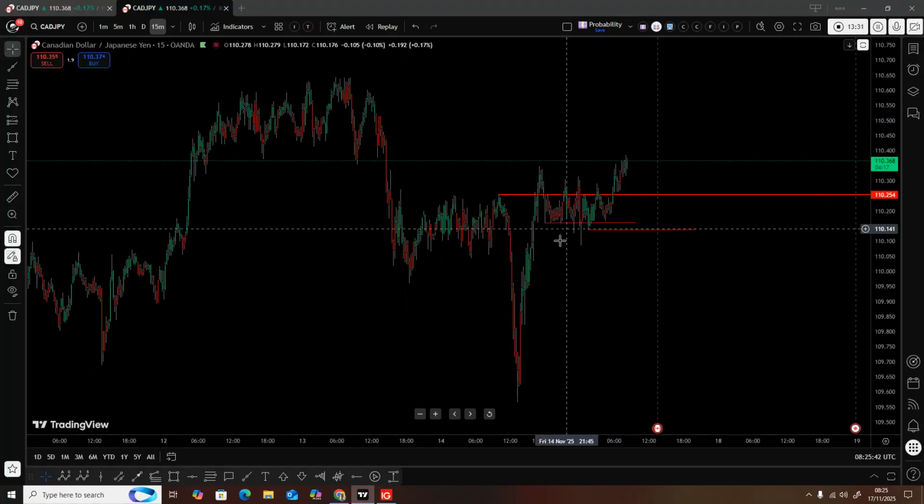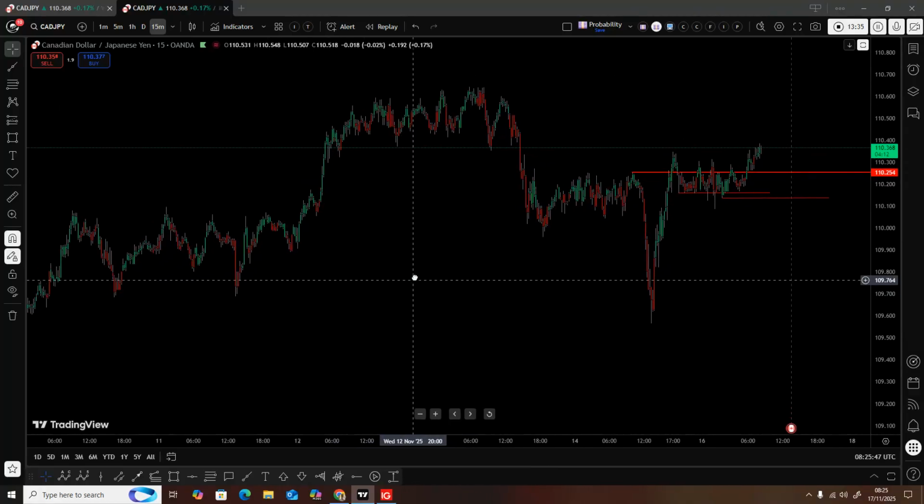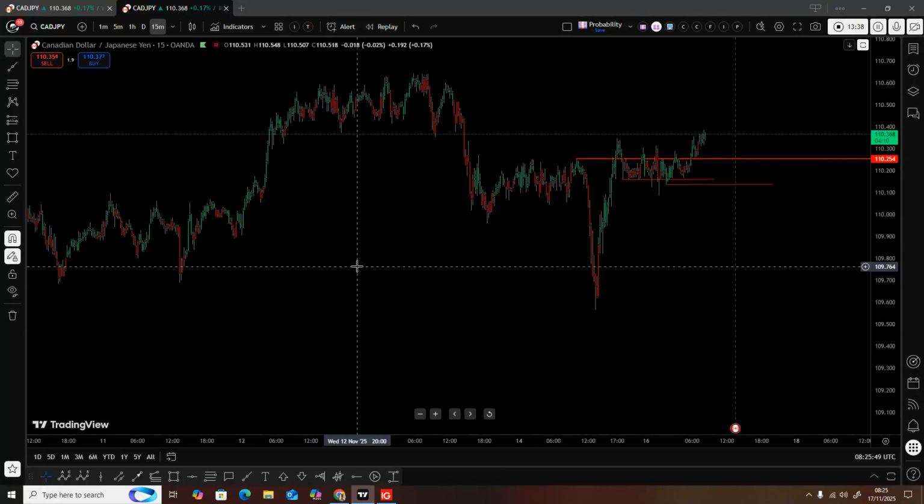Also, one thing we have to think about is that in order for sellers to sell, they need buyers to take the other side of their market, so it works both ways. I can't explain everything now, but we have to think about it from a bigger picture of what is going on. For me, the safer trades, as I've explained, I will go short on the dollar yen or the CAD yen at those levels. I'm not buying them. They might fly to the heavens. We're not going to do that.